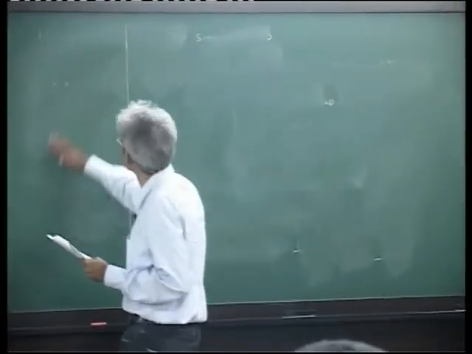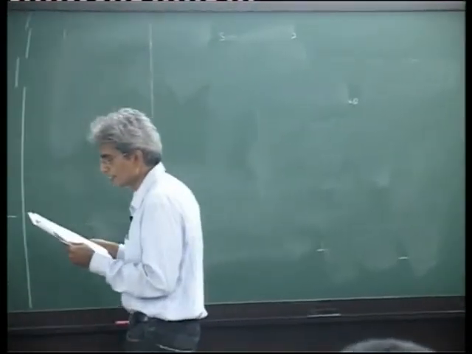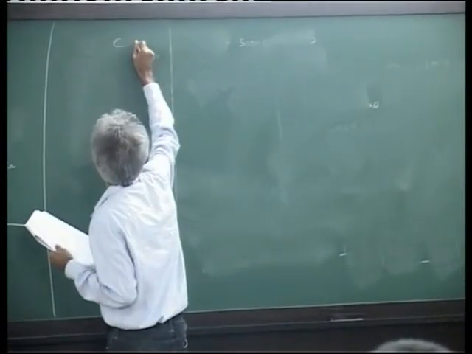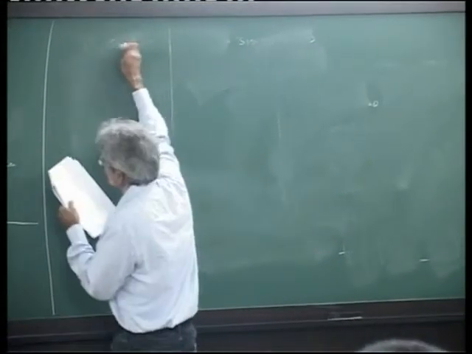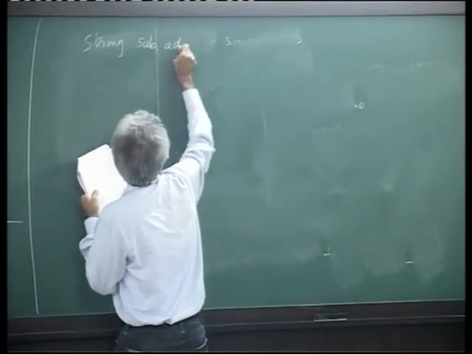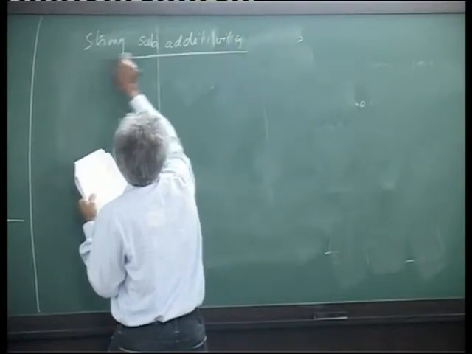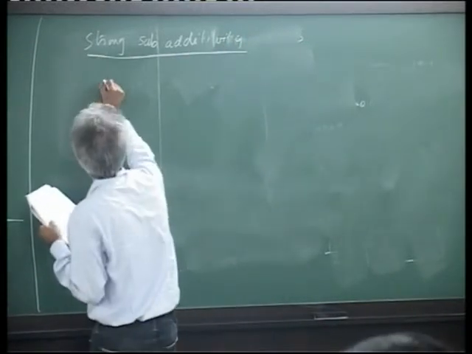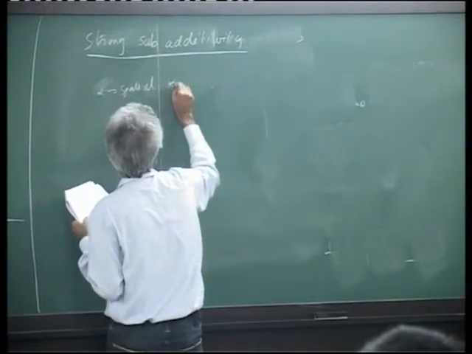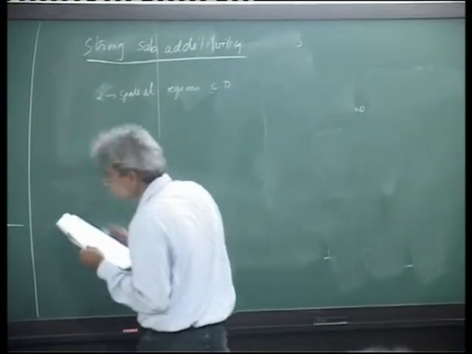Let me state it in a way which was stated by Hedrick, as far as I know, but maybe there are other people who said it. We have two spatial regions, C and D. Strong subadditivity: there are two inequalities.